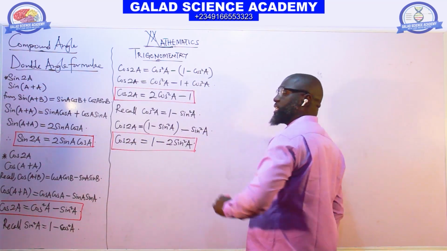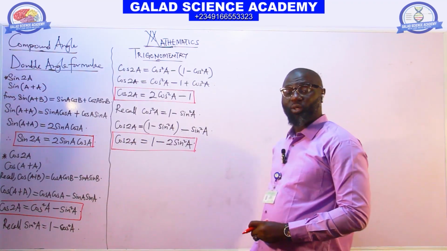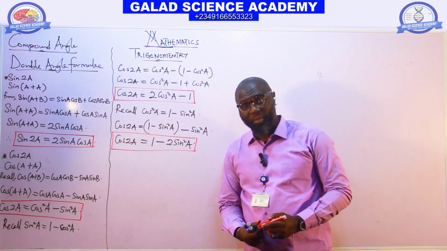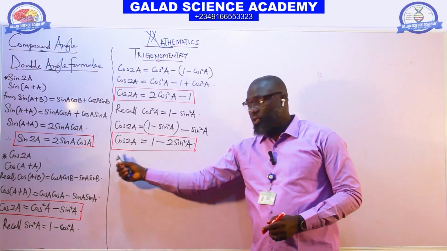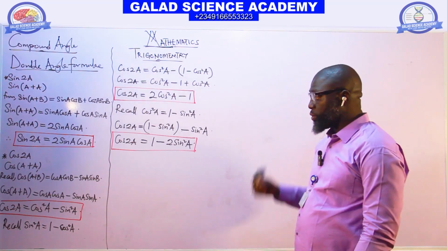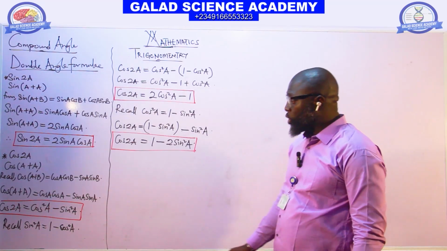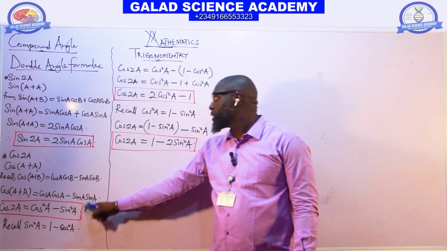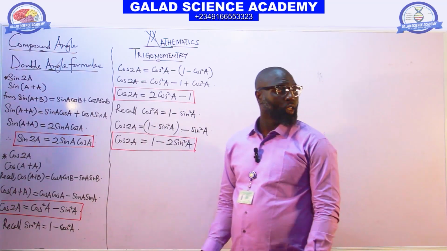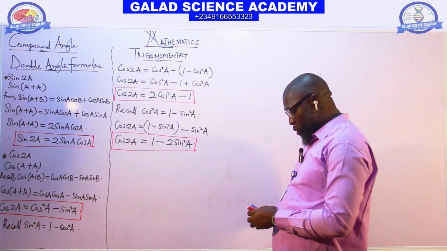All these identities, we are going to apply them in complex numbers. Please learn how to prove them. So for cos now, we have three identities: 1, 2, 3.